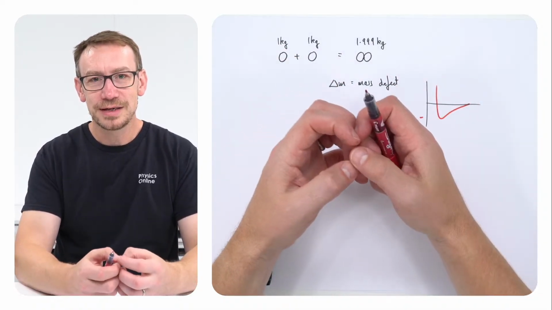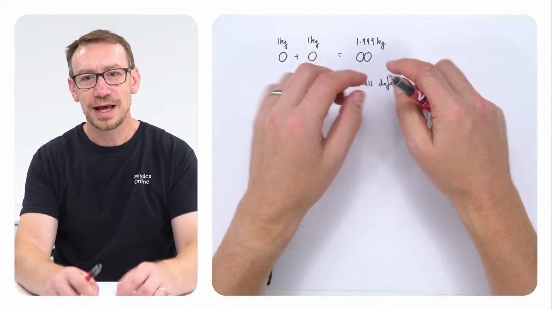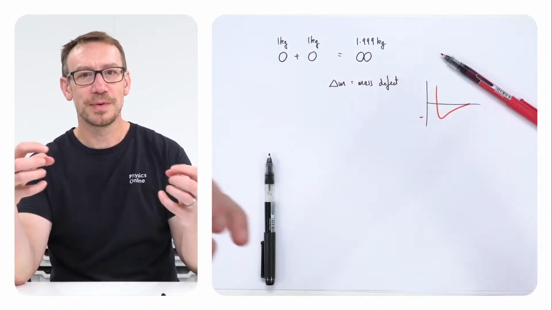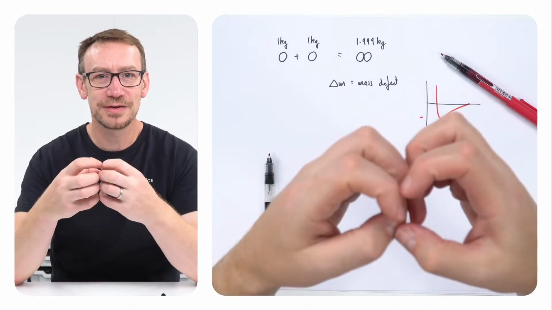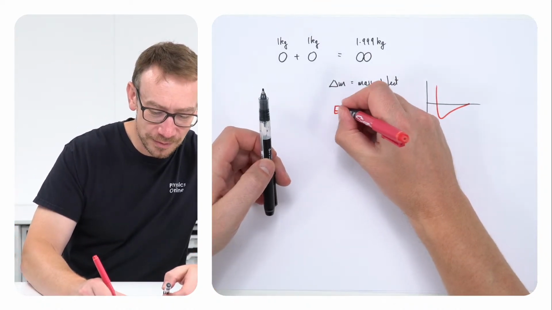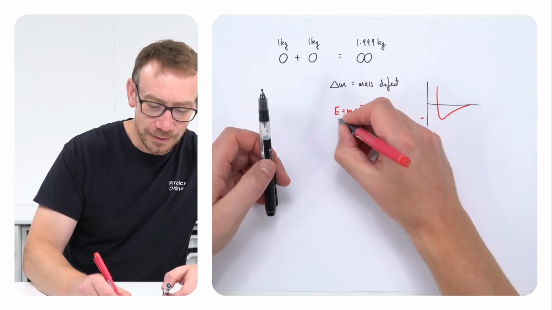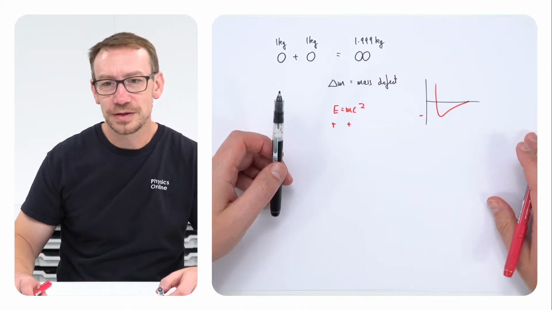When you add energy to them, maybe adding some energy externally, that adds to their mass. So as you pull them apart, because we have to add energy, that's why the mass increases. And this goes back to E equals mc squared. If you're adding energy to something, that means the mass of it is going to increase.